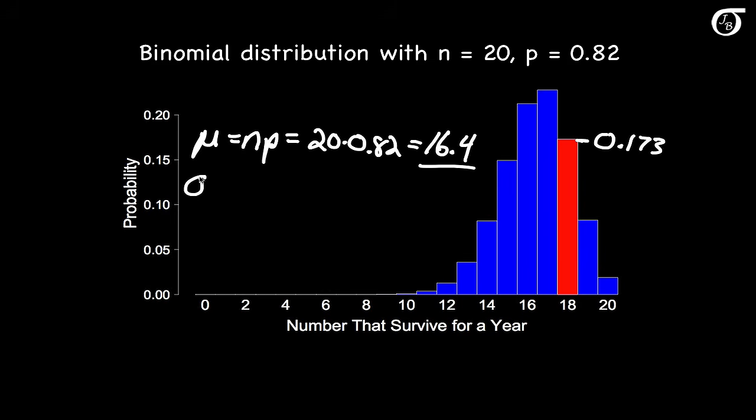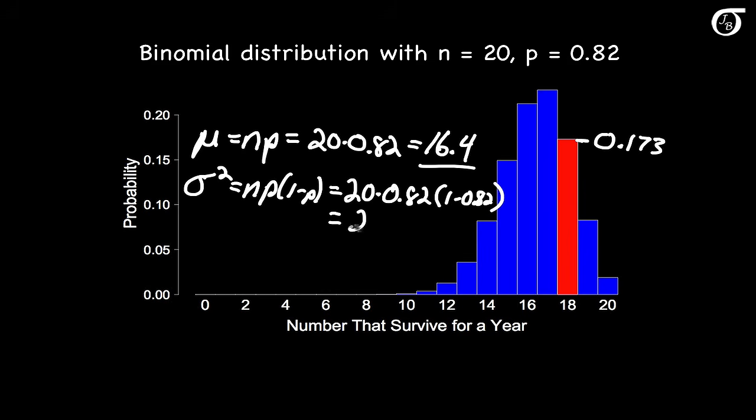The variance of a binomial distribution is n times p times 1 minus p. And here, that's 20 times 0.82 times 1 minus 0.82, and that works out to 2.952. And the standard deviation is simply going to be the square root of 2.952.